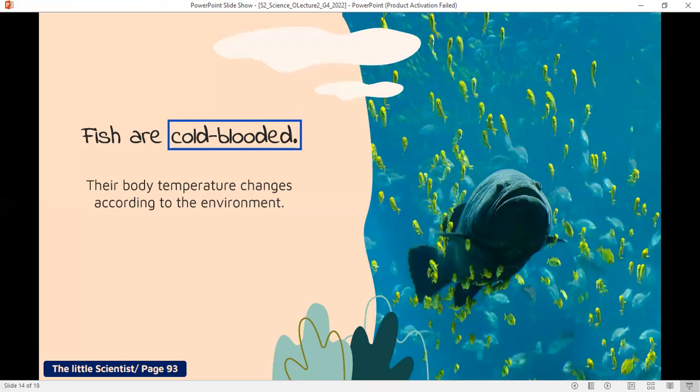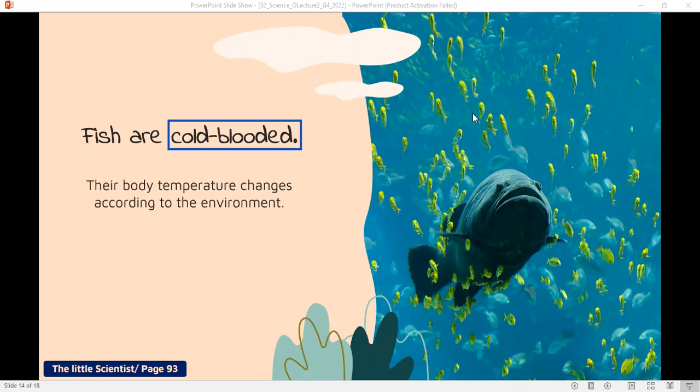We are warm-blooded. Warm-blooded means that the body temperature is fixed, but cold-blooded animals aren't like this. Their body temperature depends on the temperature outside.